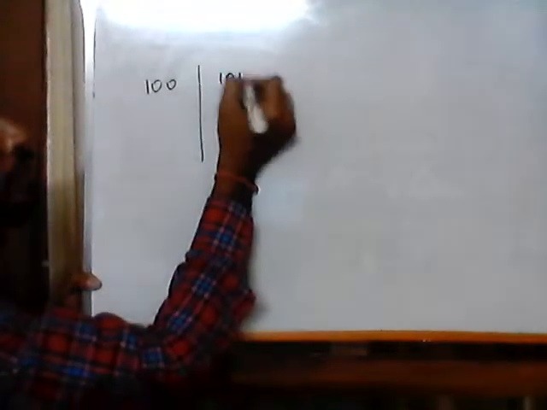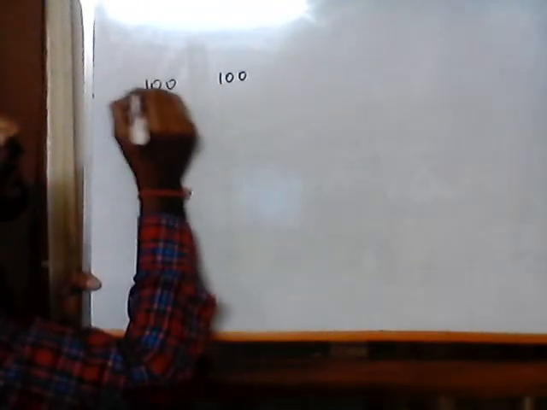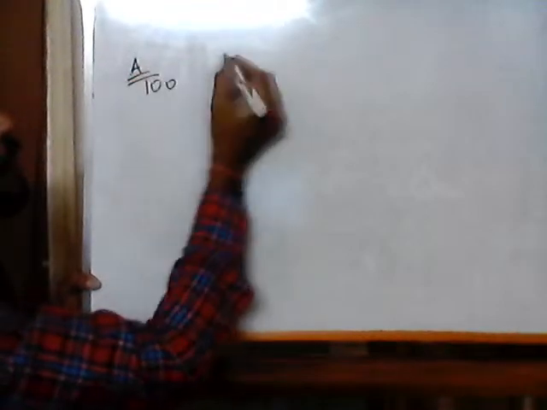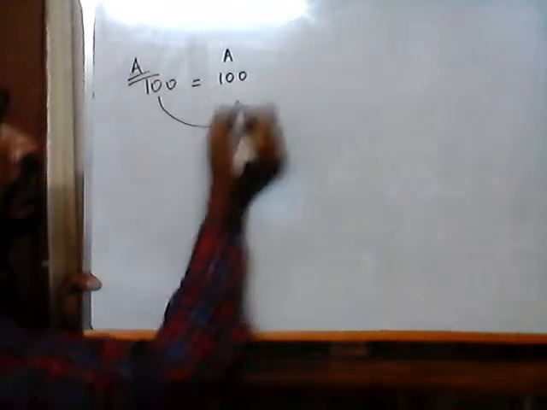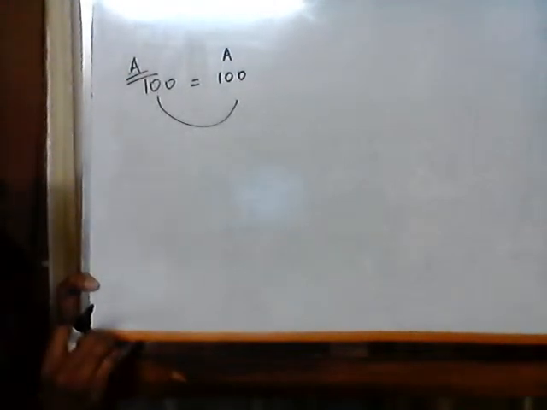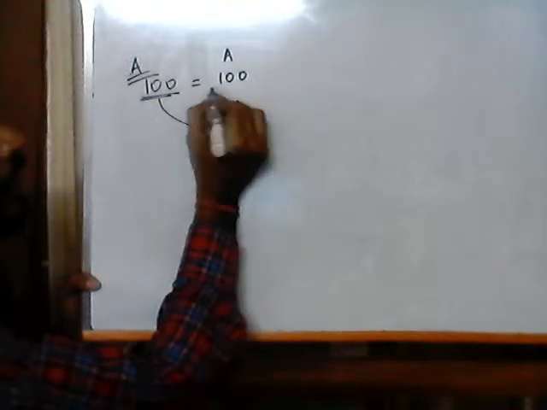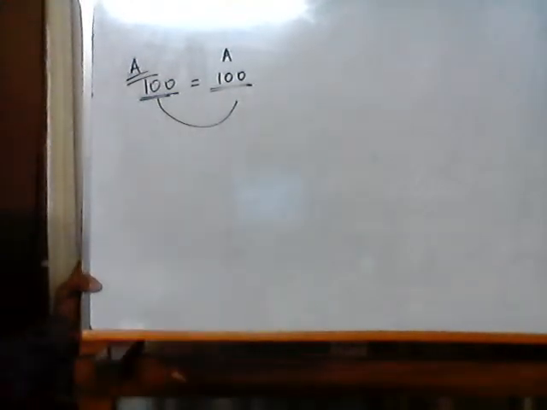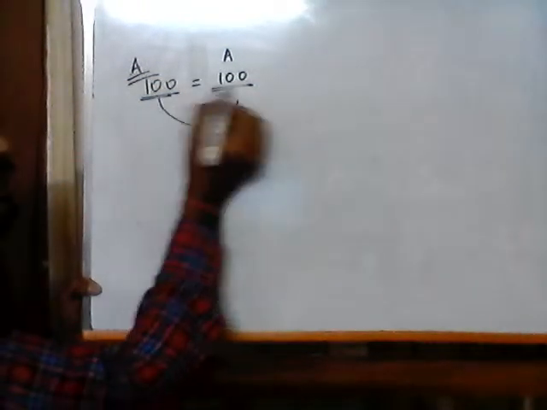Suppose I have rupees 100, and suppose any one of you there who are having live class has rupees 100, then I can say the amount I have is equal to the amount any one of the students having rupees 100 will have. Okay, so such a statement which shows equality is an equation. Here you can see on the board 100 is equal to 100.